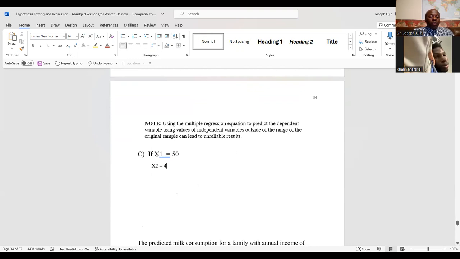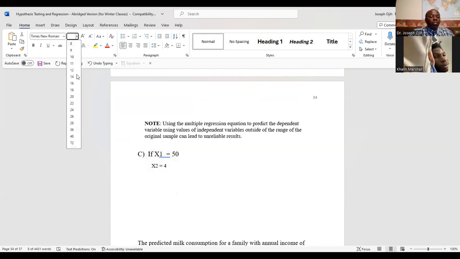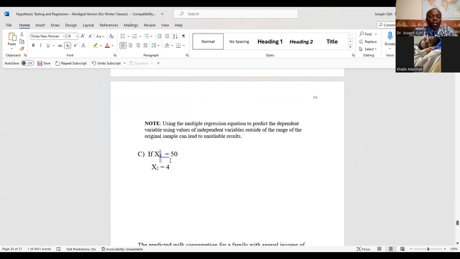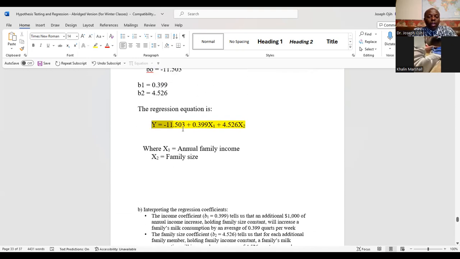So with this, we can now estimate the milk consumption for that family. Let me make some little adjustments here. Now, remember that the regression equation is y equals this.